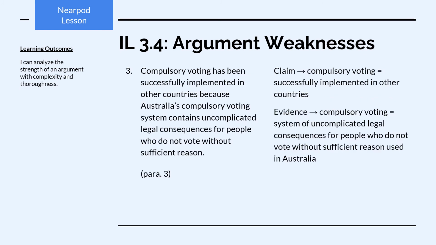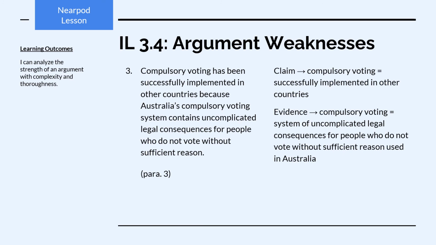And finally, number 3, this comes from the end, the last paragraph. Compulsory voting has been successfully implemented in other countries because Australia's compulsory voting system contains uncomplicated legal consequences for people who do not vote without sufficient reason.